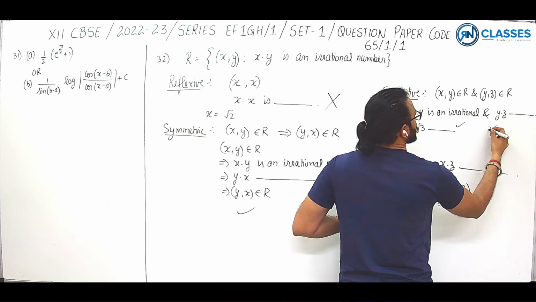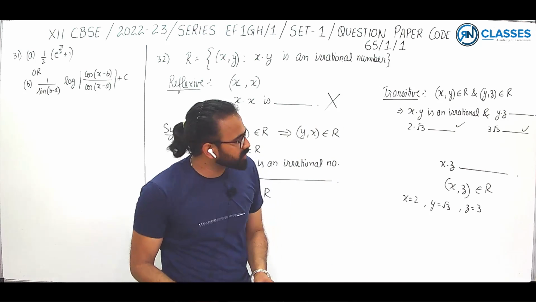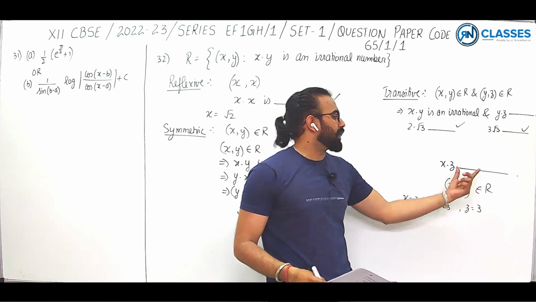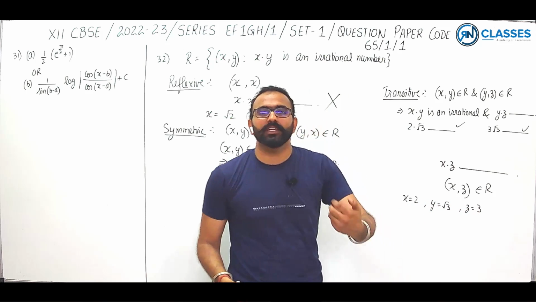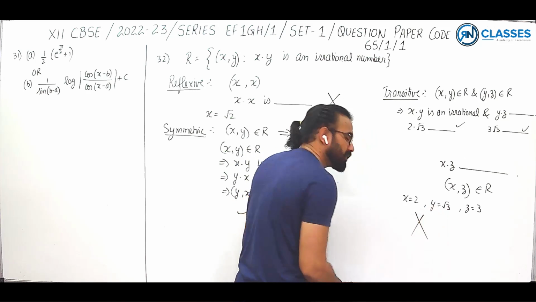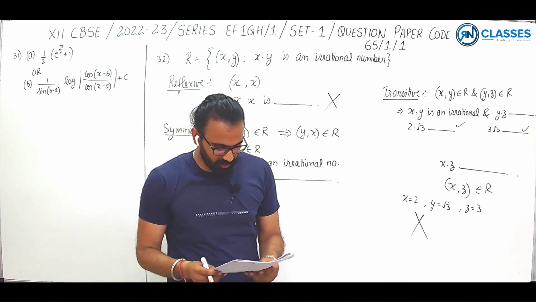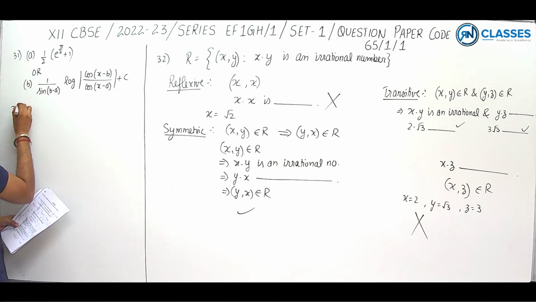Z को 3 consider करा तो ये product आ गया 3 root 3 which is again an irrational, again satisfying the condition. Let us see that x into z क्या वो irrational आया? अगर आप ध्यान दो तो यहाँ से आंसर आपके पास आ जाएगा 6 which is not an irrational. That's why this relation is not a transitive relation. So it means 32nd क्वेश्चन में हमने तीनों पार्ट्स चेक कर लिए.